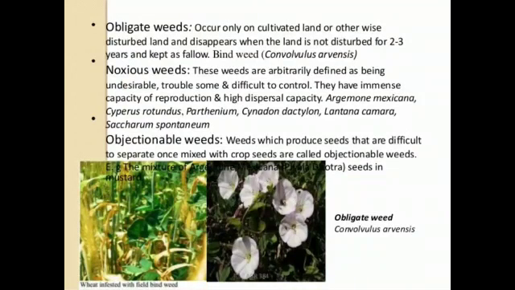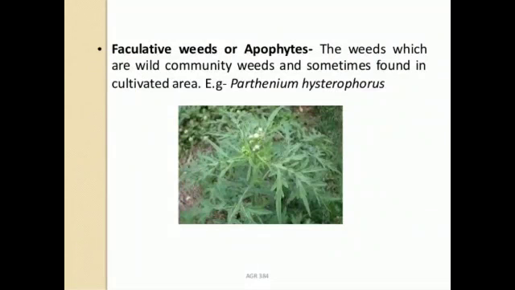Then the next one is objectionable weeds. Weeds which produce seeds that are difficult to separate once mixed with the crop seeds are called objectionable weeds. Examples are the mixture of Datura seeds in mustard, or wild onion in cultivated onion. Then facultative weeds or apophytes.